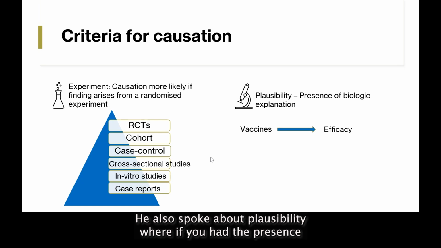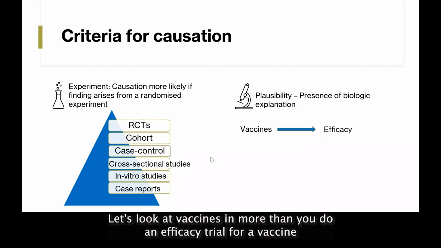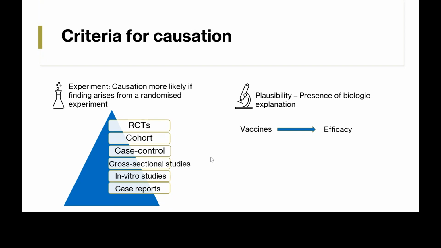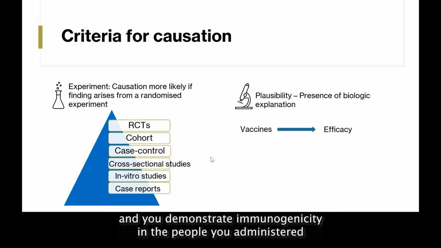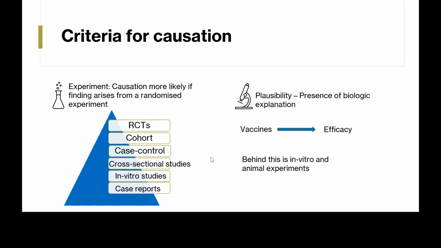He also spoke about plausibility, where if you had the presence of a biological explanation, a risk factor was more likely causal. Let's look at vaccines in modern day. You do an efficacy trial for a vaccine and you demonstrate immunogenicity in the people you administer the vaccine to. In reality, it's not exactly simple because there's a lot happening.